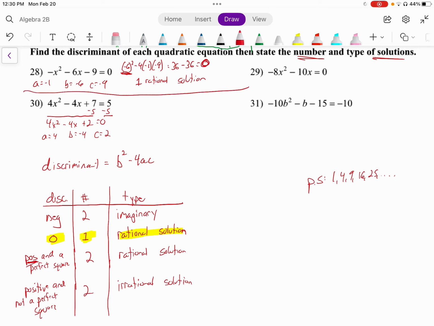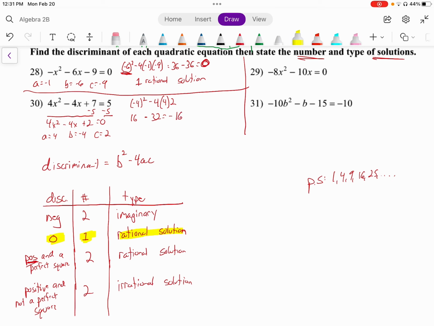And so our discriminant is -4 squared, so b squared minus 4 times a, which is 4, times c, which is 2. Well, this is 16 minus 32, which is -16.